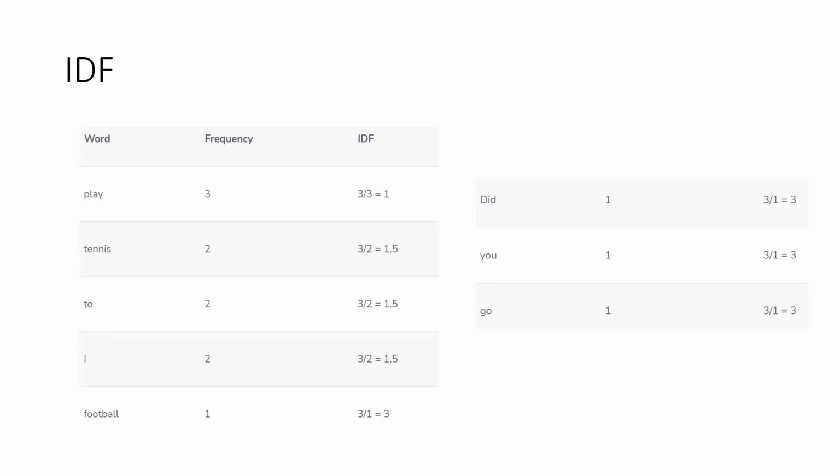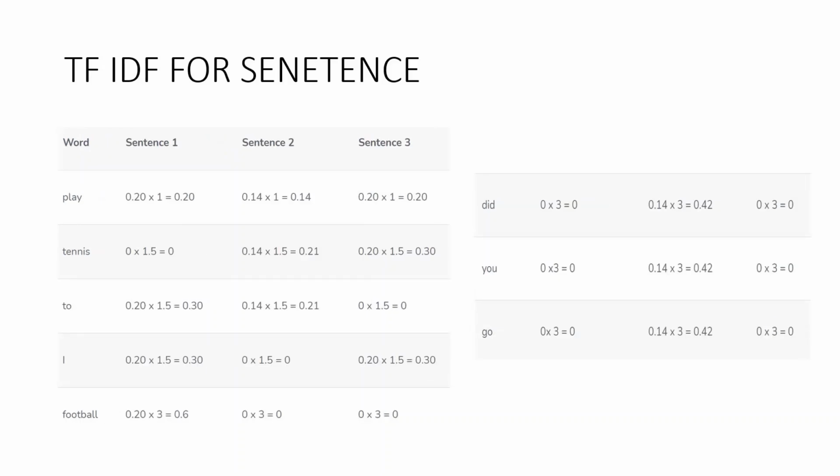You can clearly see that the words that are rare have higher IDF values compared to the words that are more common. Let's now find the TF-IDF values for all the words in each sentence. It's shown here.